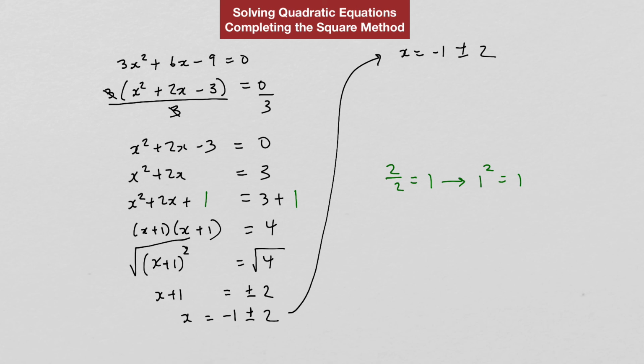Now we're going to split this into 2. This becomes x is equal to negative 1 plus 2, or x is equal to negative 1 minus 2. Now we're going to solve for x on each side. x is then equal to 1, or x is equal to negative 3. And that becomes our answer.